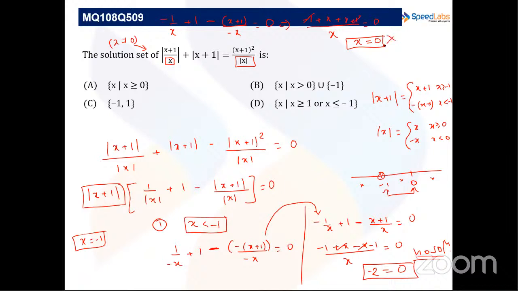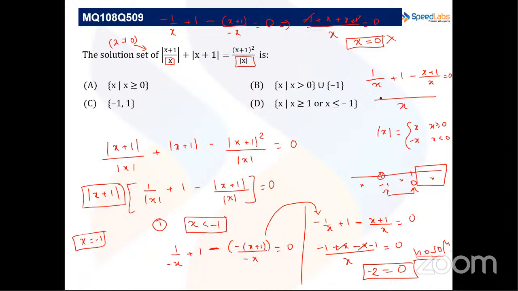We are left with the last case, or last region, where x is greater than 0. So for x greater than 0, we can check it. We would have it as 1 upon x plus 1 minus x plus 1 upon x equals to 0.